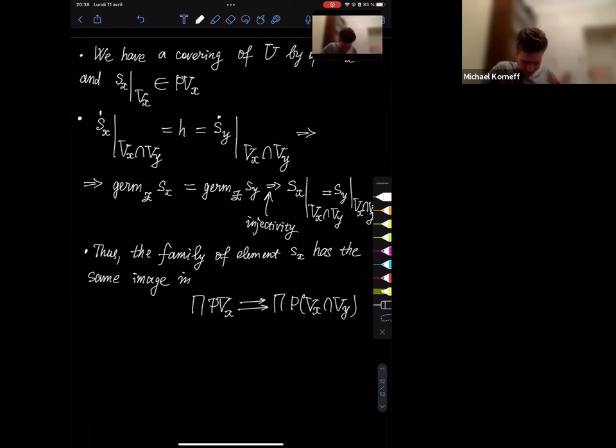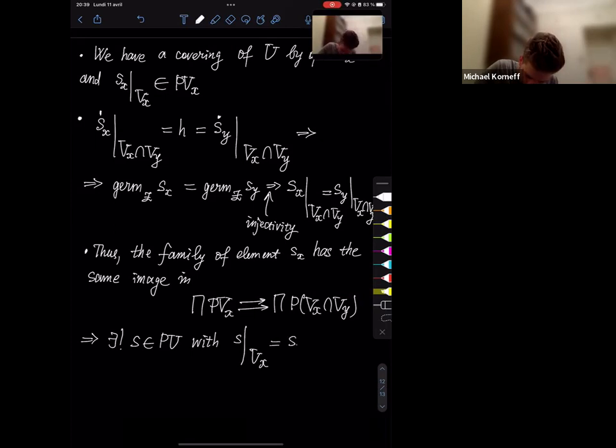And by means of the definition of sheaves, this family is uniquely collectible, and hence there exists a unique S in PU with the property that S restricted to Vx equals Sx.